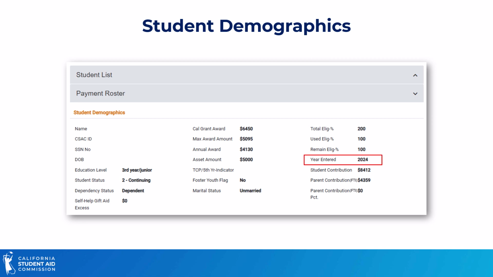The year that the student entered the MCS program is listed here. And finally, you'll see the student and parent contribution amounts from the ICER and 33% of the parent contribution amount if this is a dependent student whose family's income is over $100,000.